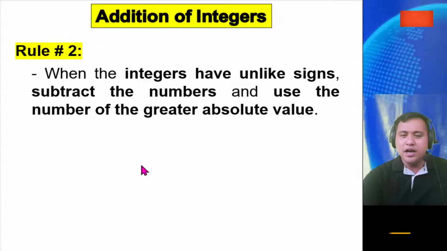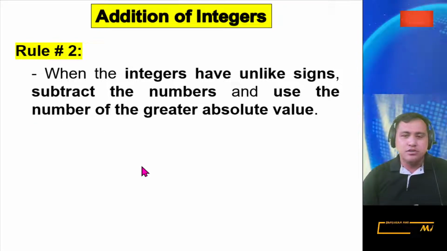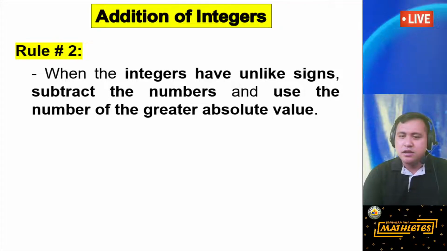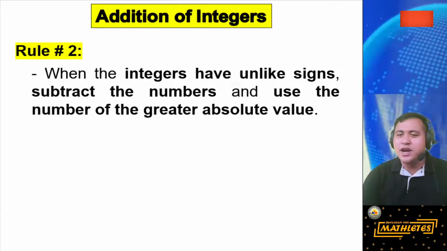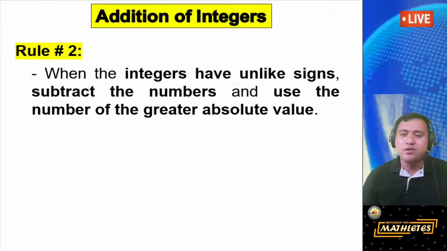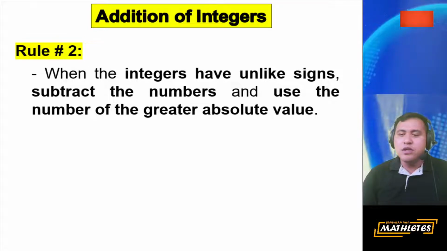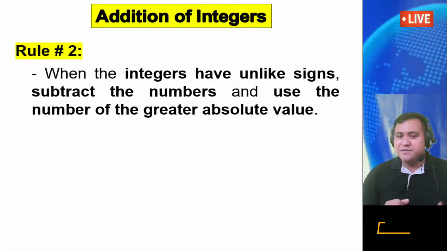Kung mag-add ko og integers nga dili pareho og sign, like for example, isa positive, ang isa negative, dili sila pareho, o different or unlike sign sila, ang himuon nimo is, you are going to subtract.